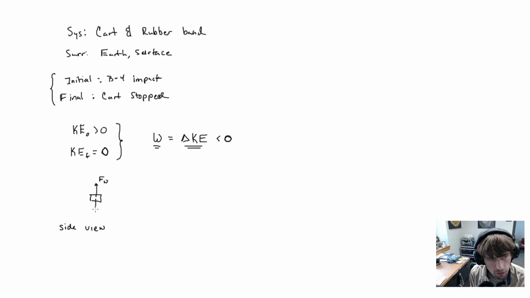You have the gravitational force working downwards on the cart. And I should ask, with respect to the normal force or the gravitational force, what direction is the displacement of the cart? It's perpendicular.